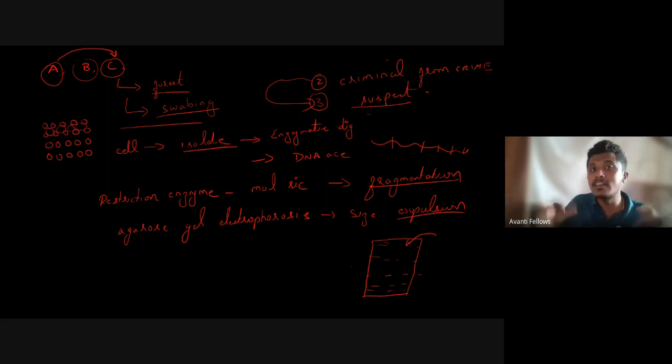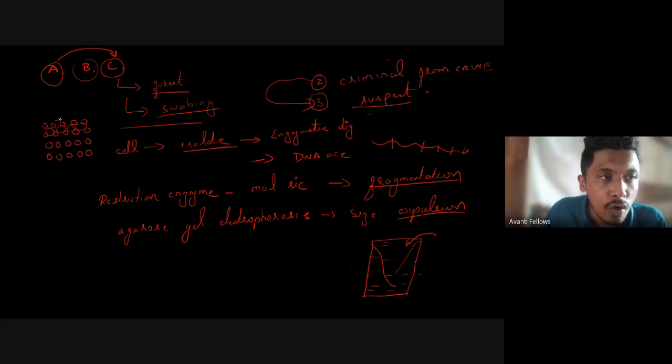The space is very even throughout this membrane, from here to here, the size is very uniform. Having this uniformity allows the fragments to migrate based on their size. Understood? That is why we use agarose.